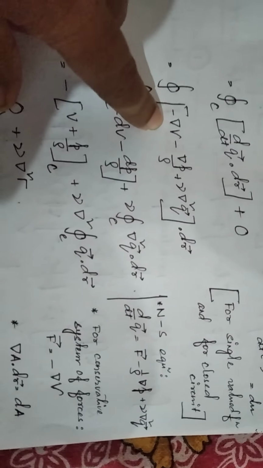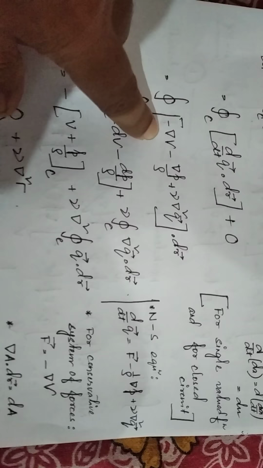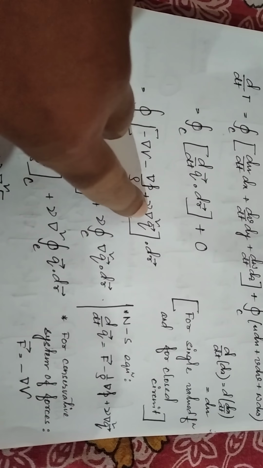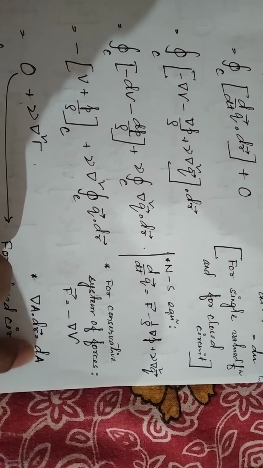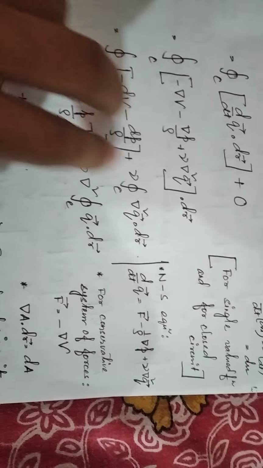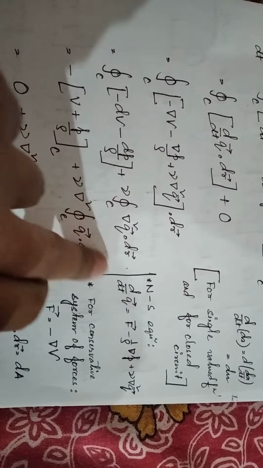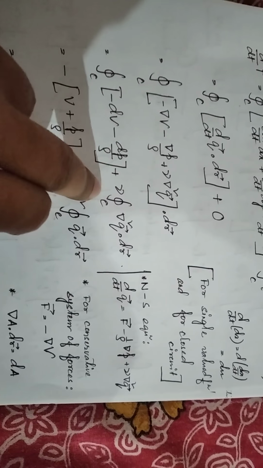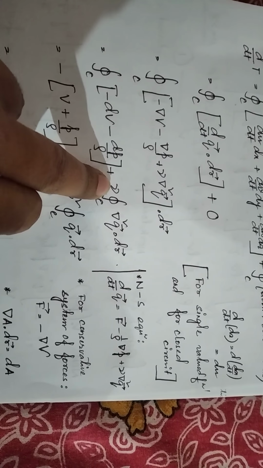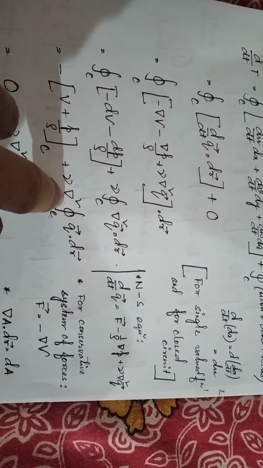So using this identity, first we substitute the value of d/dt of q bar as f bar, and f bar from your conservative system of forces, and the del p by rho term. Now if you take this identity, that is del A dot dr bar as dA, in the first two expressions we will get the differentiation form. And from the third part, as nu is a constant, we have written nu outside the integral sign, and the operator del square also outside the integral sign, because by assumption differentiation under the integral sign is allowed.